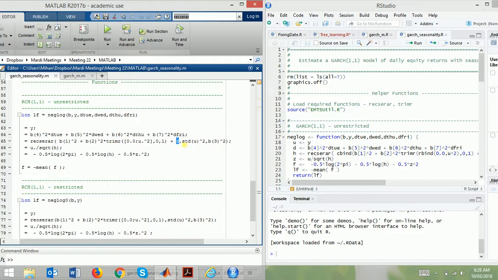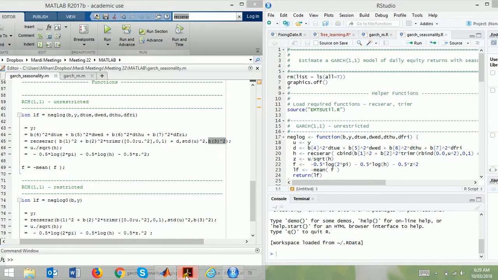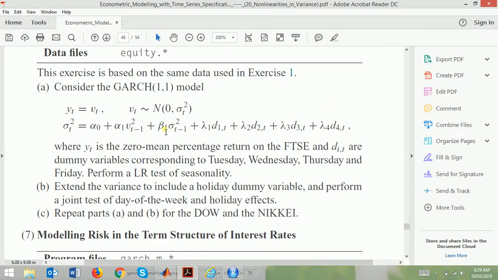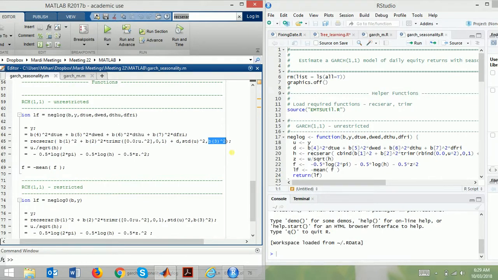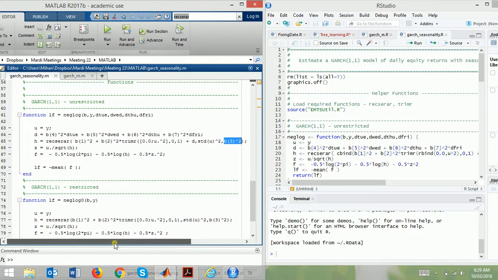Then y naught is the standard deviation, that is the unconditional variance basically, and the lag value p, with beta 1 representing the lag coefficient, and beta 3 squared. Beautiful.